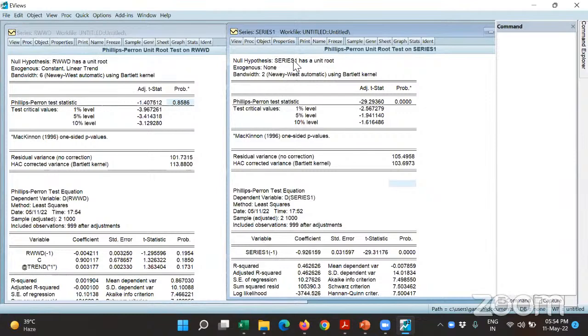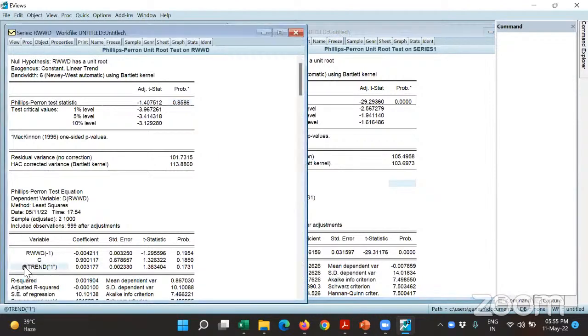Remember, here the name of the series is series 1, so there is a series 1 minus 1, that means there's a lag of 1. Here the name of the series was RWWD, and there's the RWWD minus 1. That aspect is the same in both versions, except that the name of the series has changed. But because here you opted for trend and intercept, there is a trend component coming in here, and there is an intercept component coming in here itself.